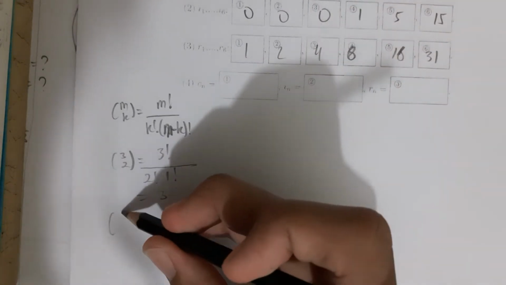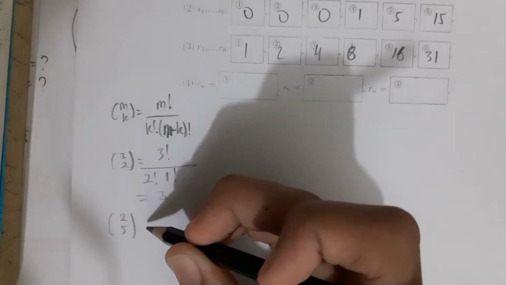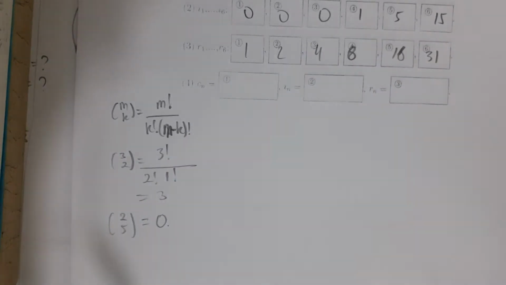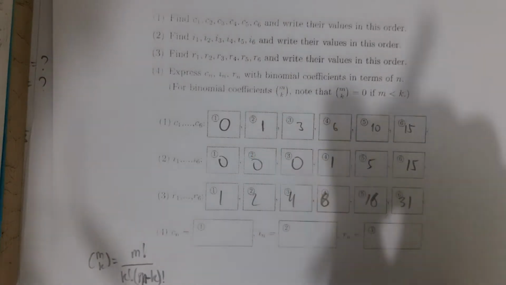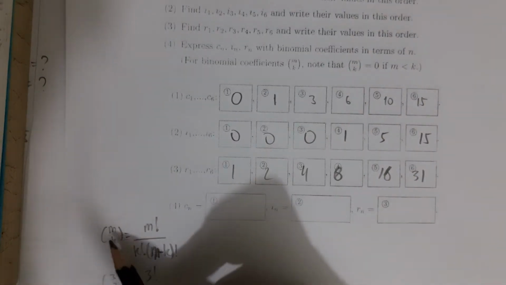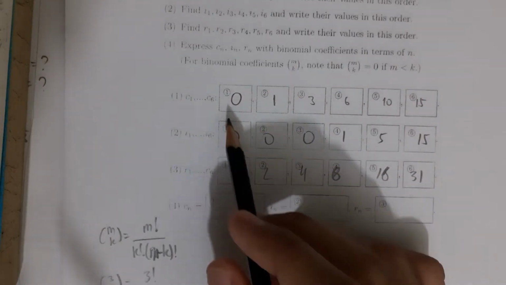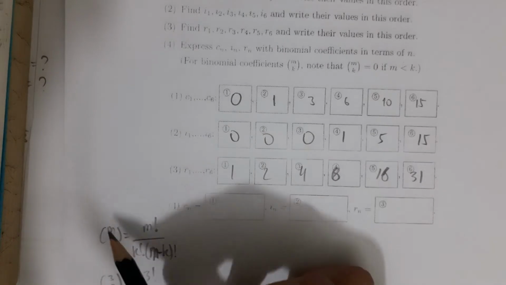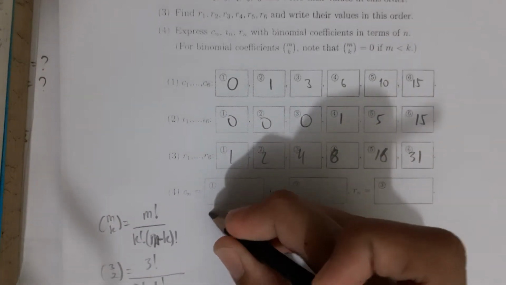But if you have something like 2 and that is less than, for example, 5, then it's equal to 0. So m is for 1, 2, 3, 4, 5, 6. If this is the first point, this is 1, and what's smaller than it is, for example, 2.